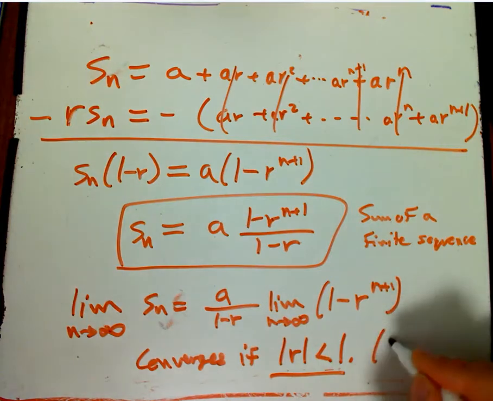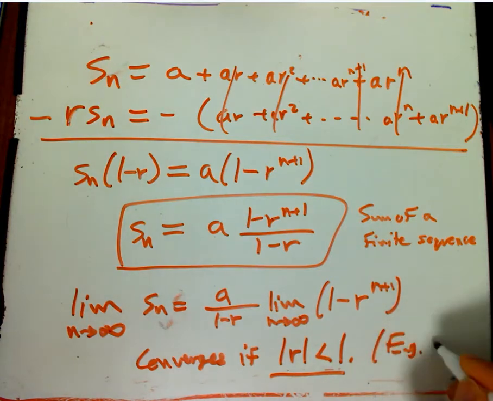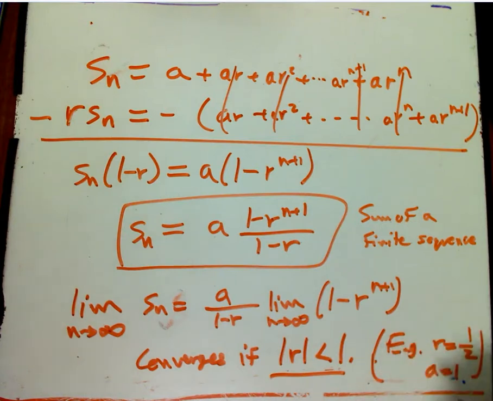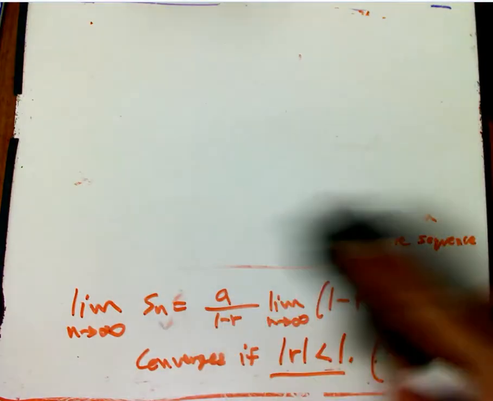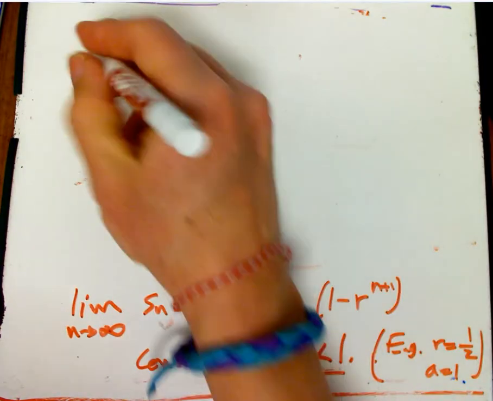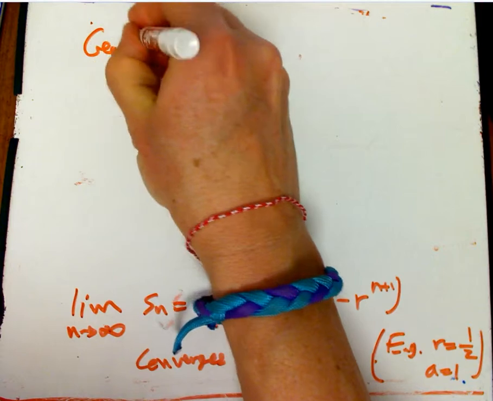So for example, the one I was showing before was r equals 1/2 and a equals 1. Okay. And not only that, when it converges, we know what this thing goes to. It's not going to some mystery limit. This goes to 0, and so the whole thing is a over 1 minus r. So that's the summary for the geometric series. Let's write that out.